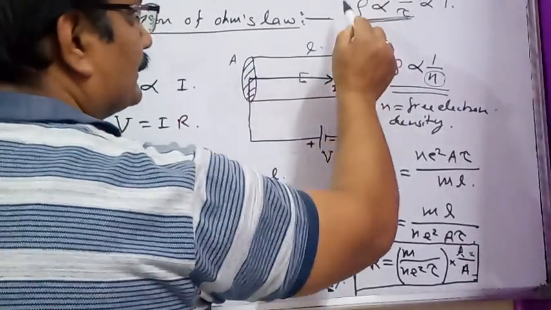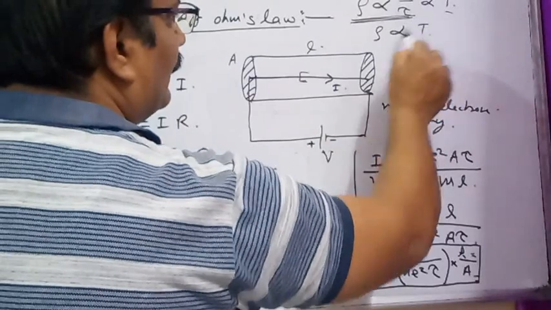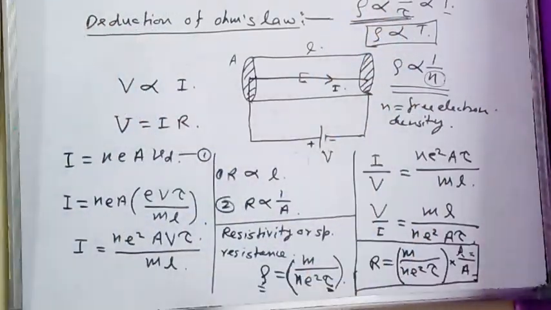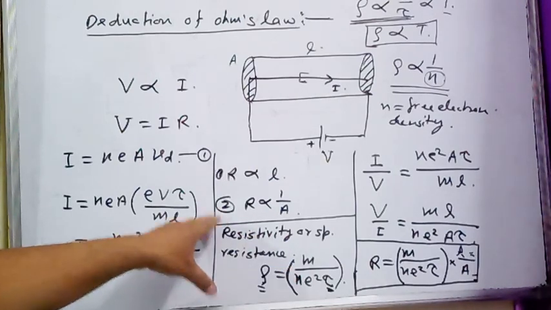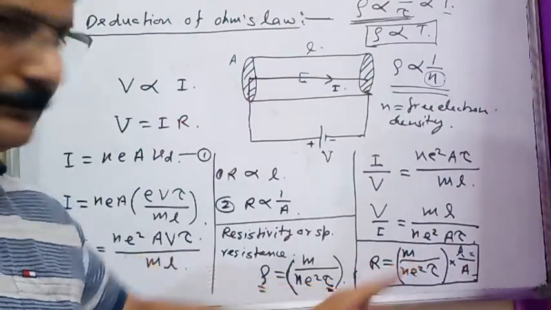So what is going to be the relation between resistivity and temperature? Resistivity is directly proportional to temperature of the material. So Ohm's law, derived by drift velocity theory, provides all the factors affecting the value of the resistance of a conductor. And this is Ohm's law.